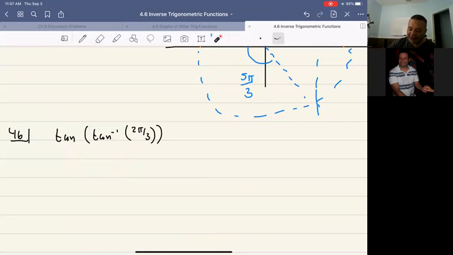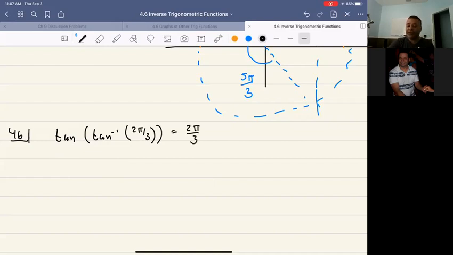Inverse tangent works for anything. As long as you can calculate this inside thing, then you're just going to get back what you put in.